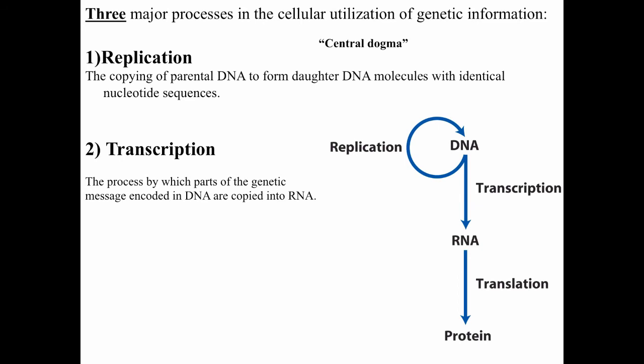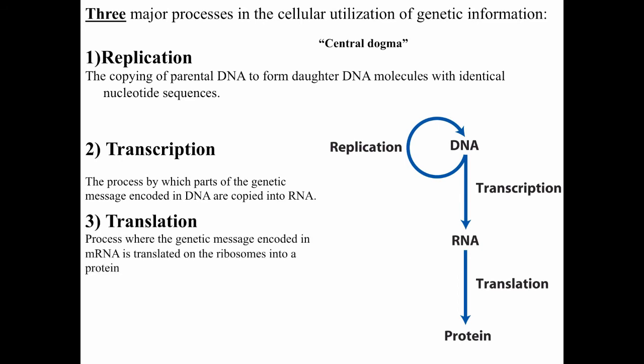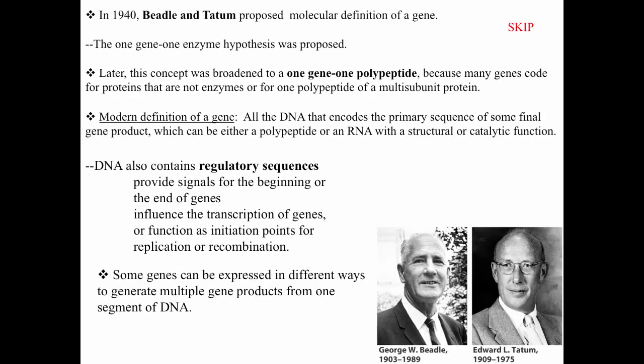Transcription is the process by which parts of the DNA message are copied into RNA, and translation is the process by which the message encoded in RNA is translated into protein by ribosomes.